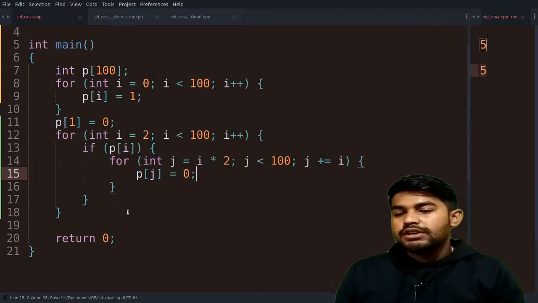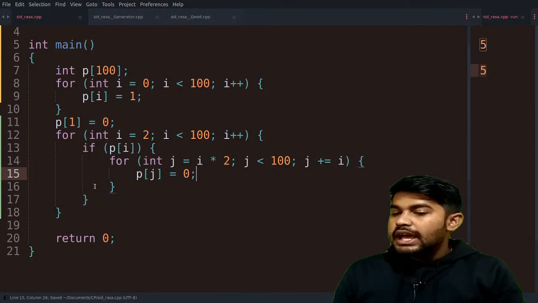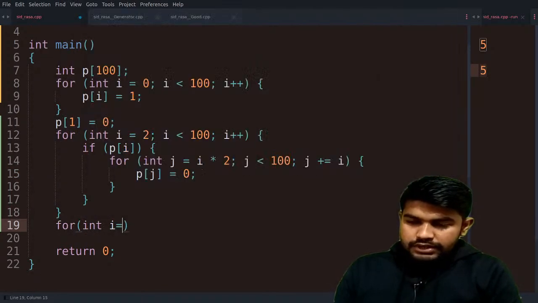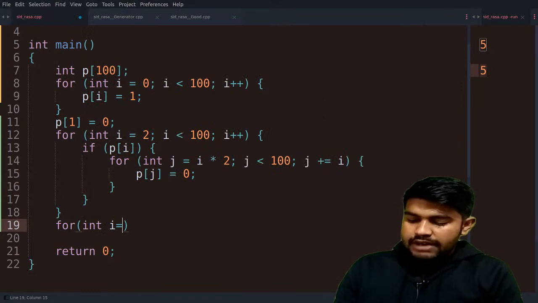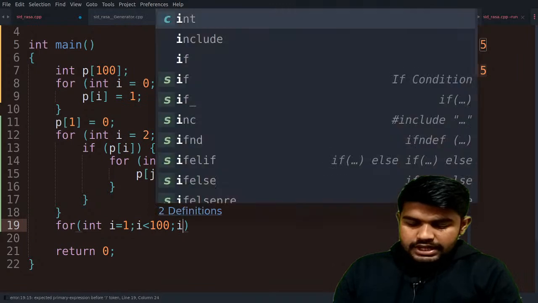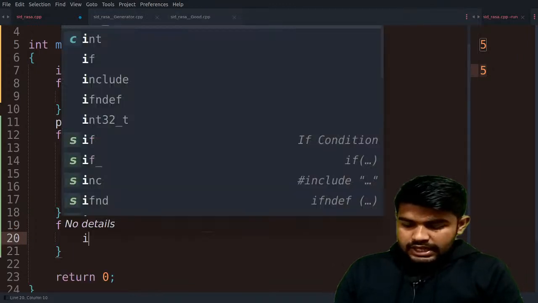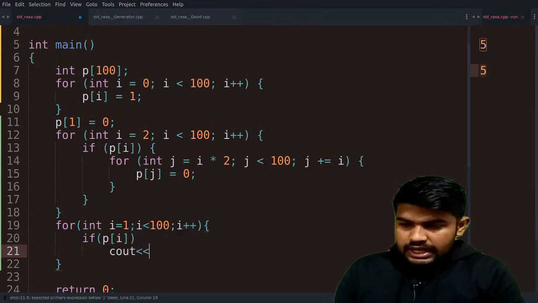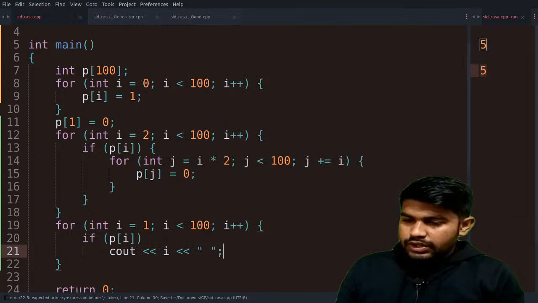P of j would be made false, and then the sieve is complete. Now let us just print for the confirmation that we have got this correct or not. So i is less than equal to 100, and then i plus plus. If p of i is true, then cout i.